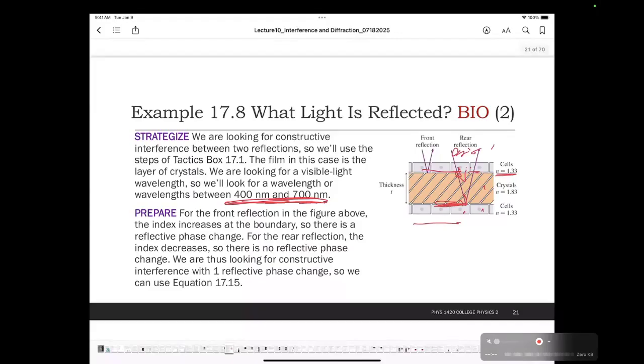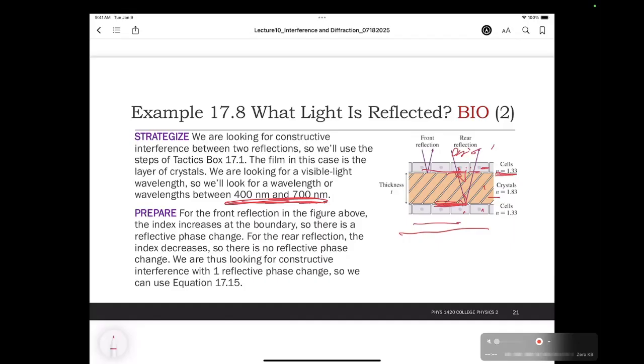Let's do the preparation for this example. For the front reflection in the figure above, the index increases at the boundary, because you can see here the index is 1.33, here is 1.83. So the index increases at the boundary, so there is a reflective phase change. For the rear reflection, the index decreases, so there is no reflection phase change.